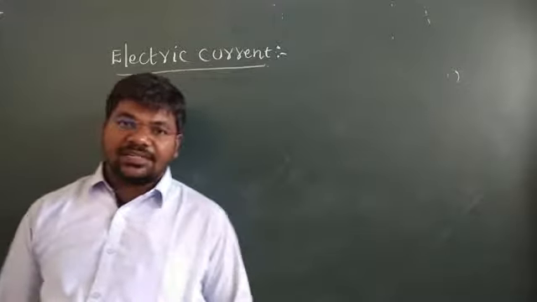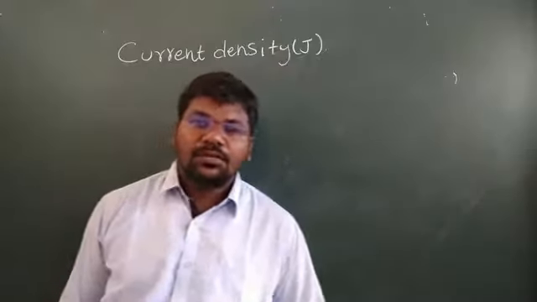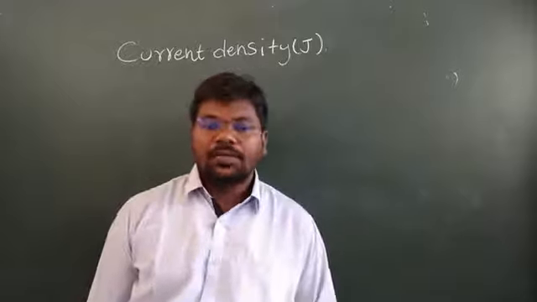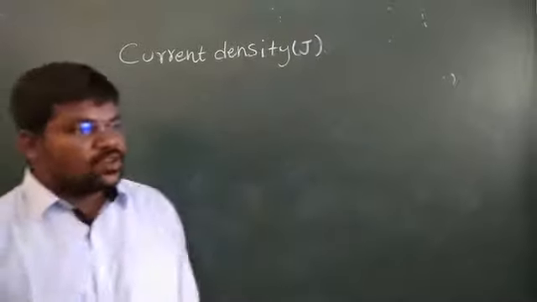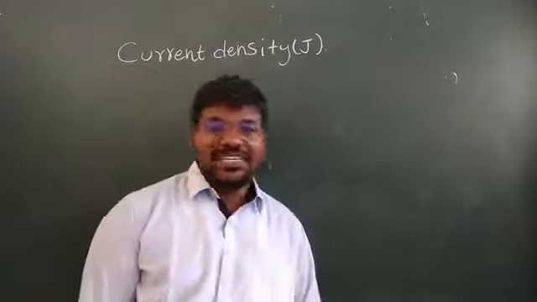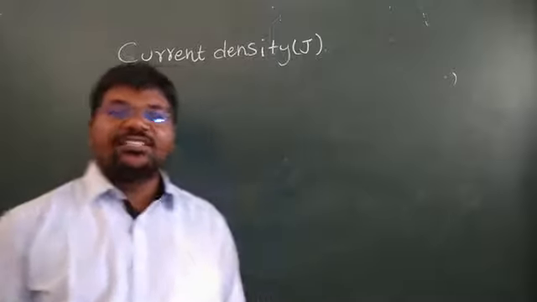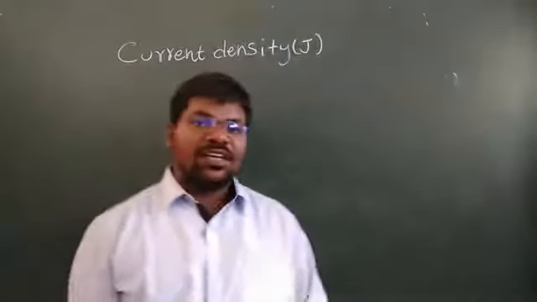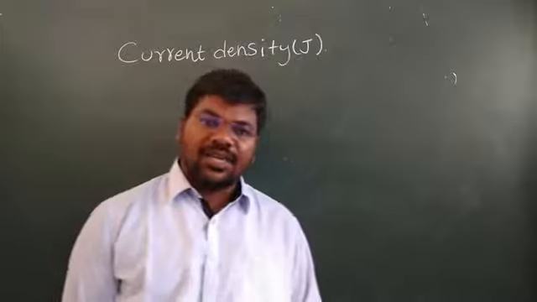Coming to current density, it is denoted J. Current density is defined as current per unit area.